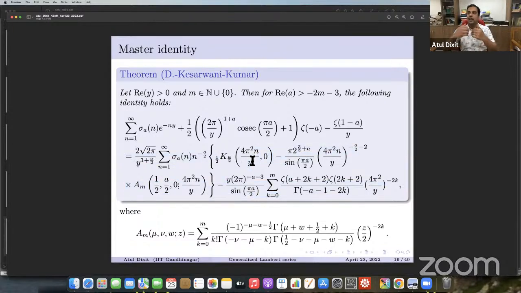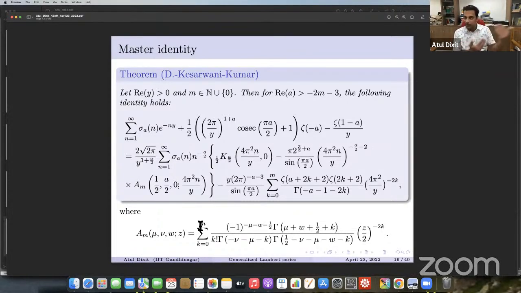I look at its asymptotic expansion as n tends to infinity. And from that asymptotic expansion, I subtract finitely many terms. Say I subtract these m plus 1 many terms, because I have minus of this a sub m, which is a finite sum consisting of m plus 1 terms. So I add and subtract that.